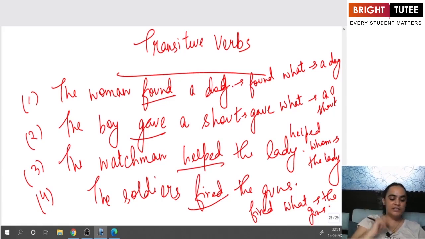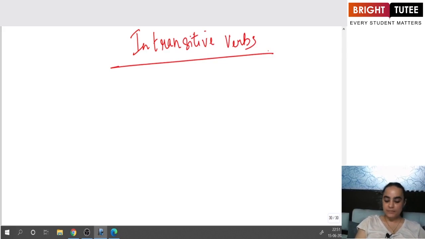So transitive verbs are those verbs that always need an object to make complete sense. On the other hand, if we talk about the intransitive verbs, okay, let me give you some examples now.